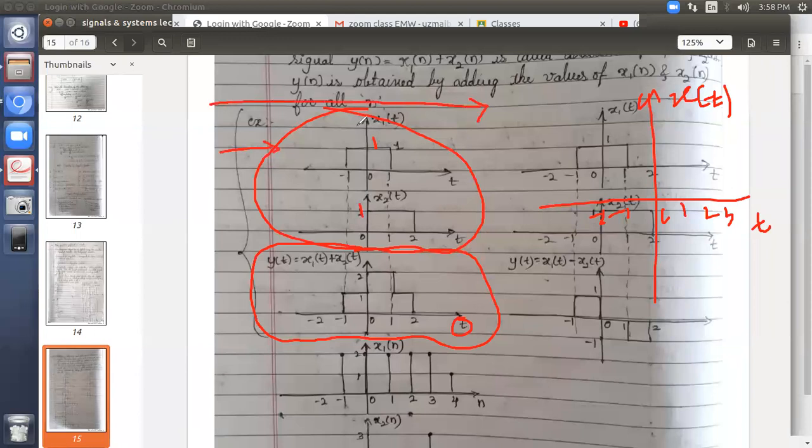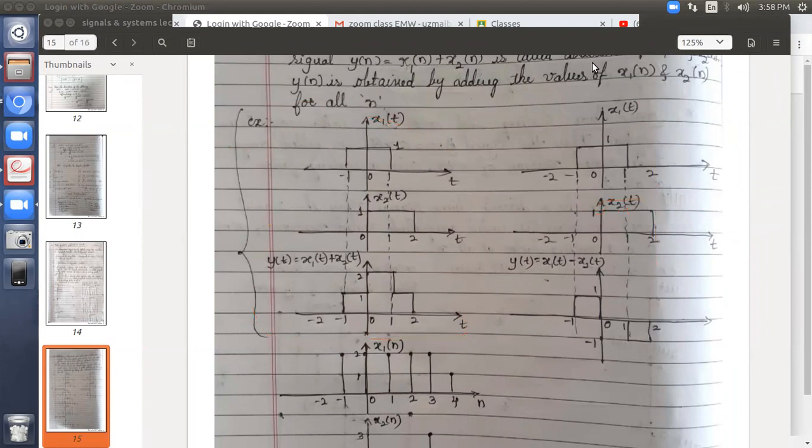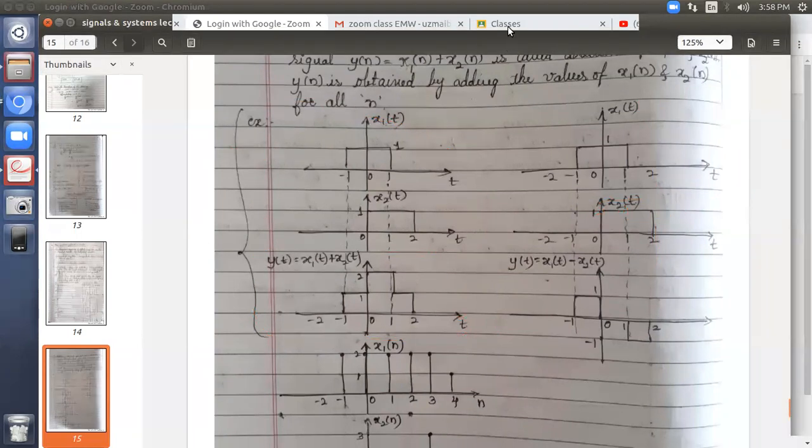Okay. How to add? Before -1, if you observe, you don't have any signal here. There's no amplitude, it means the value is 0, right? The amplitude value is 0 here, right?